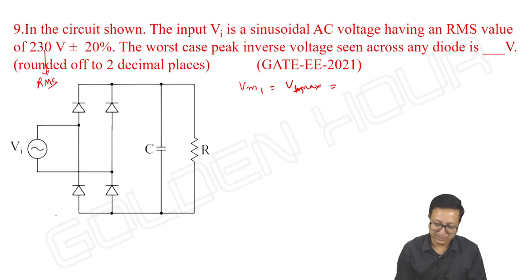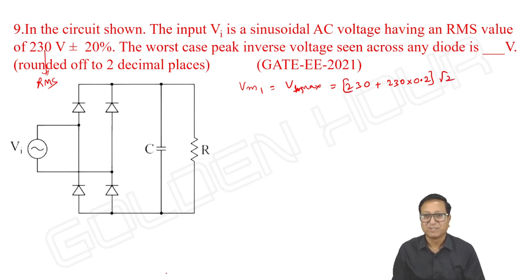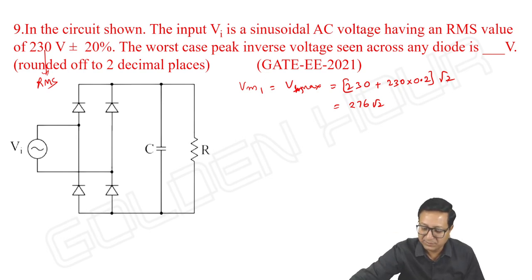What I am doing is 230 plus 230 into 0.2, times √2. This is much better. So 276√2, that is Vm1. So how much do we get?